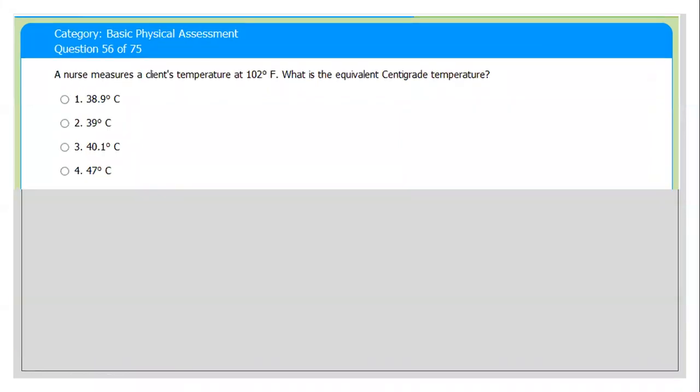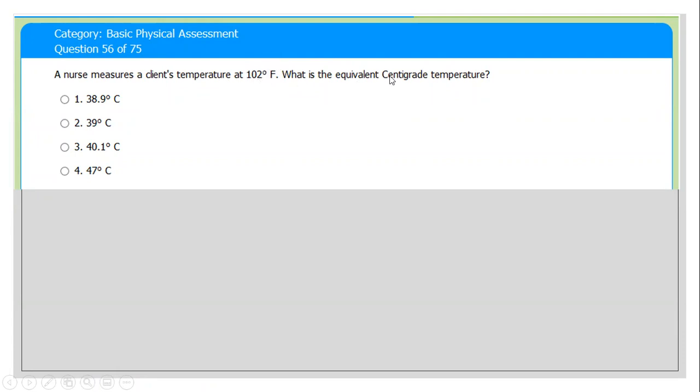Next question. A nurse measures a client's temperature at 102 Fahrenheit. What is the equivalent centigrade or Celsius temperature? So when you measure body temperature, we find it is 102 Fahrenheit.